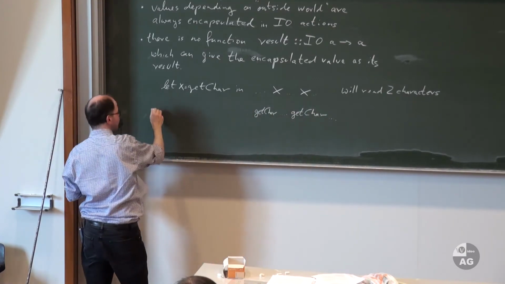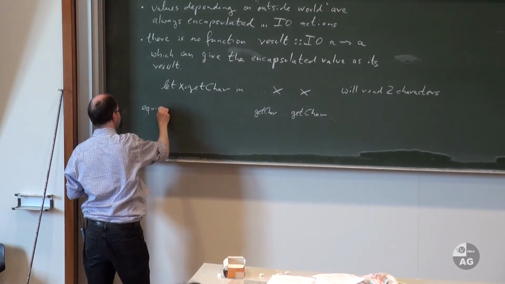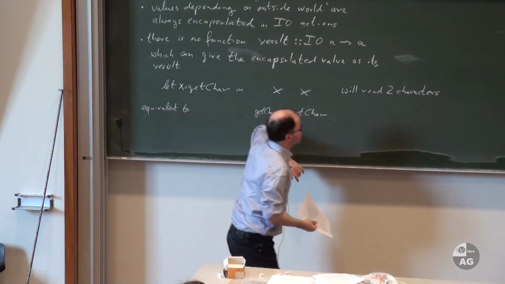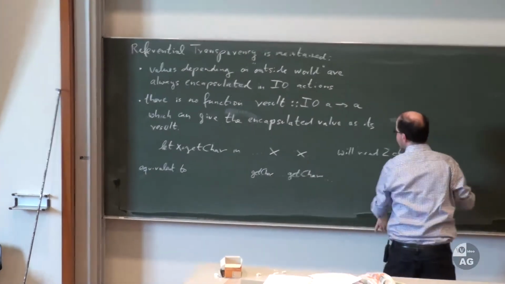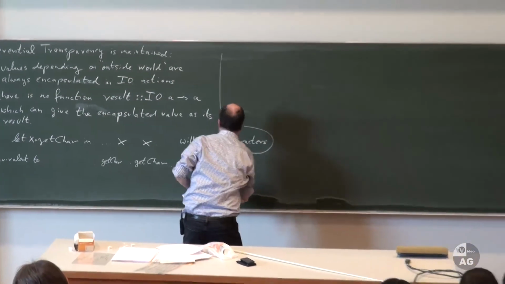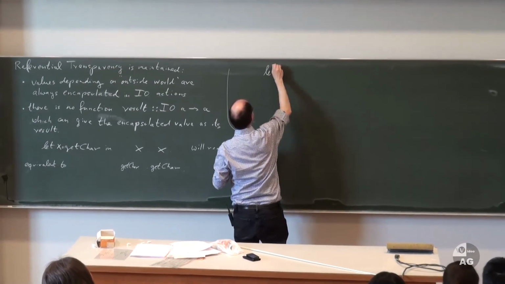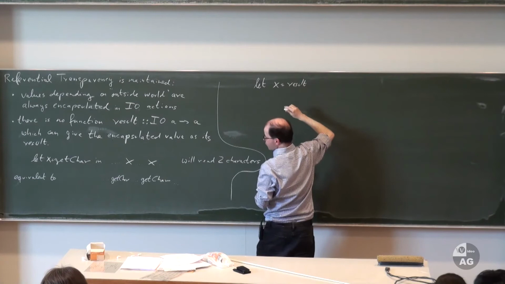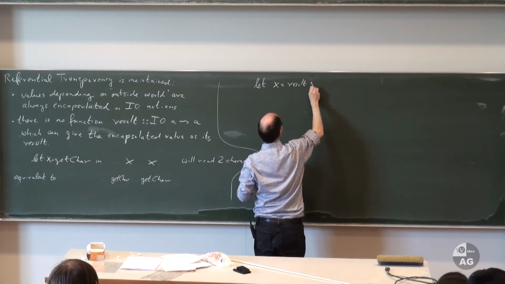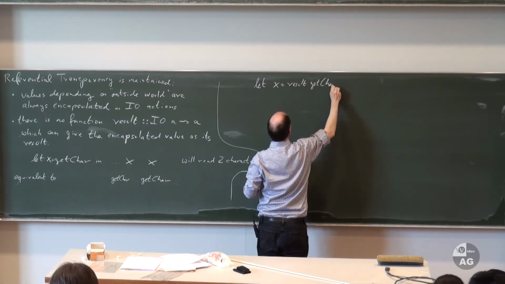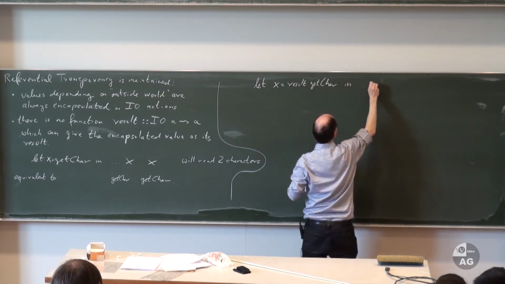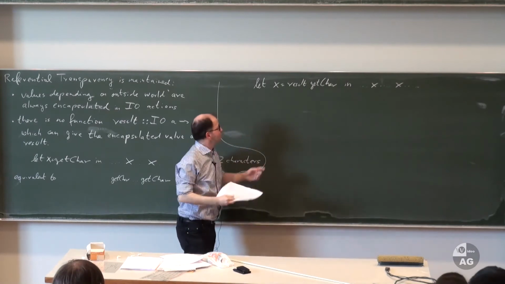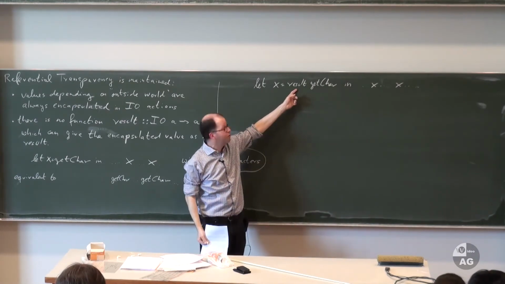So this is equivalent to this. But if I had a function result, which does not exist in Haskell, and if I would write let x be the result of get character in x, then I would have the problem that this thing would be evaluated only once.